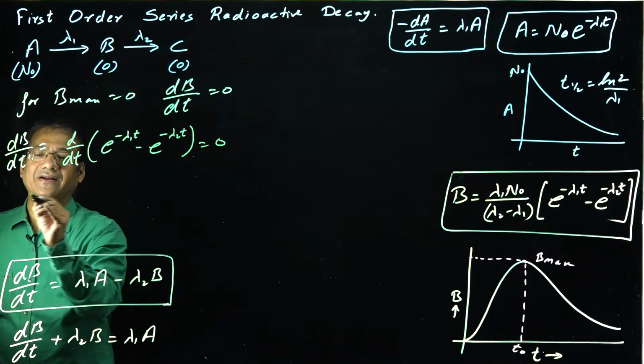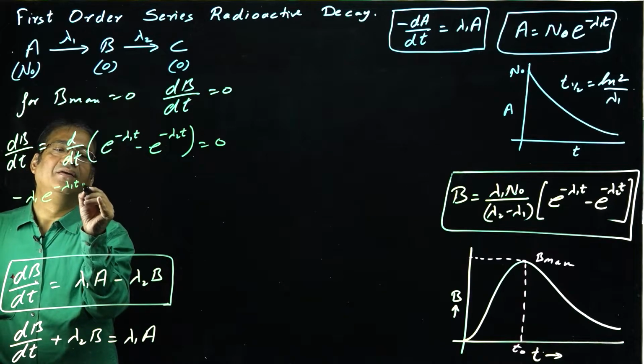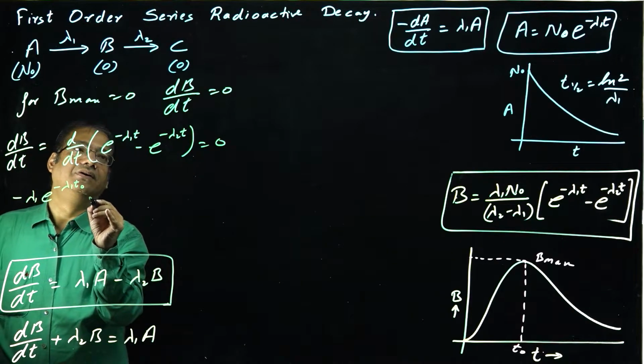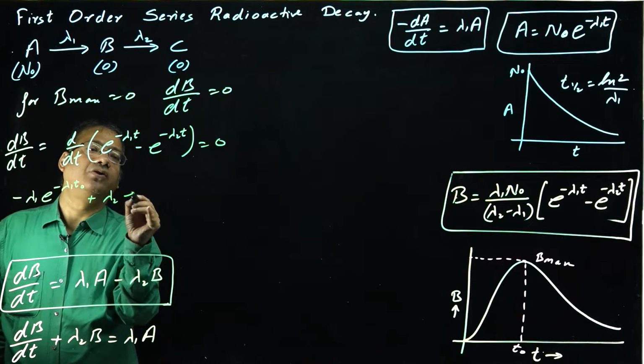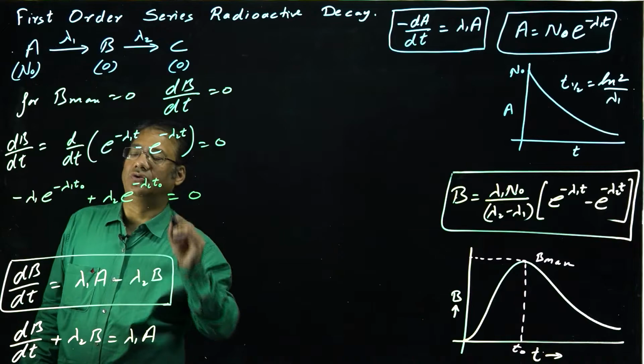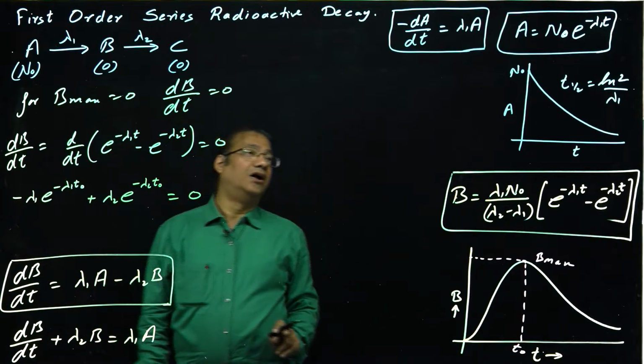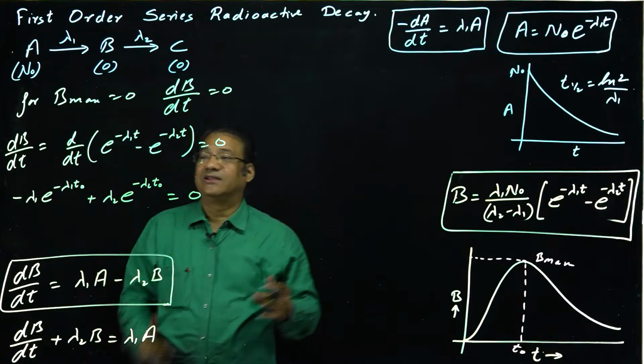So, I differentiate it, minus lambda 1 e to the power minus of lambda 1 t naught plus lambda 2 e to the power minus of lambda 2 t naught is equal to 0. T naught is the time at which the b will take the maximum value.